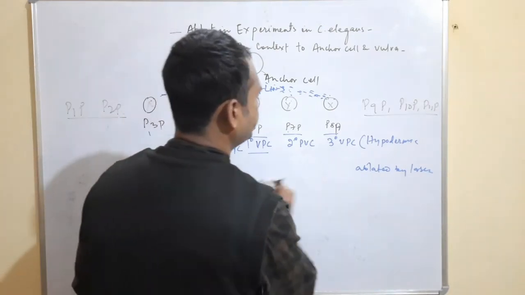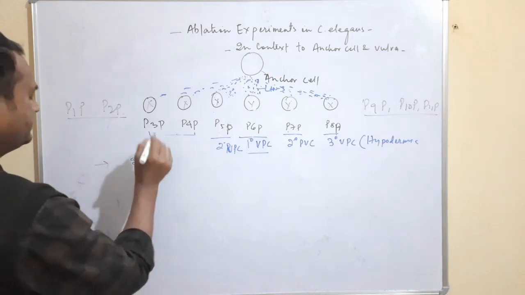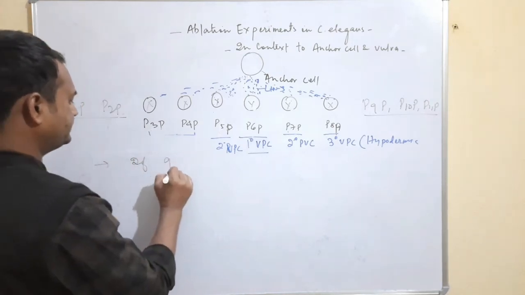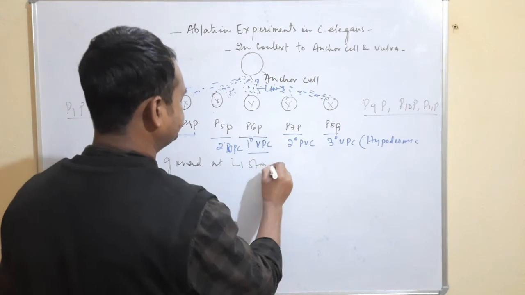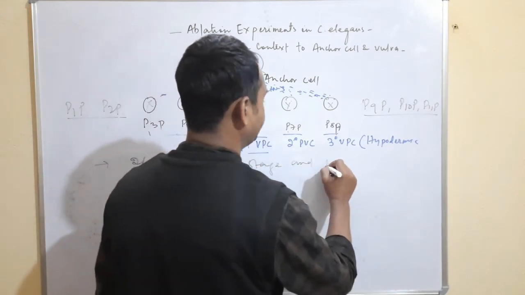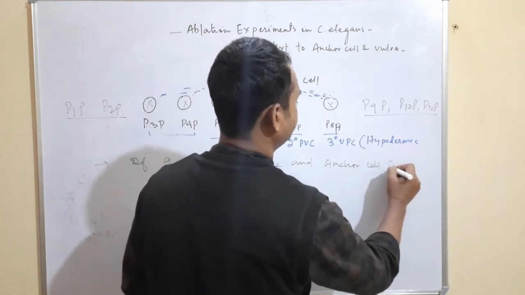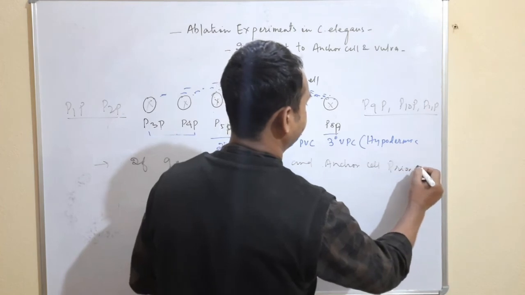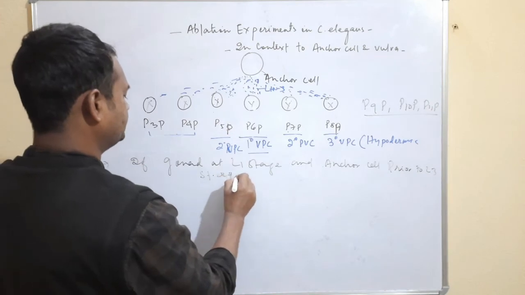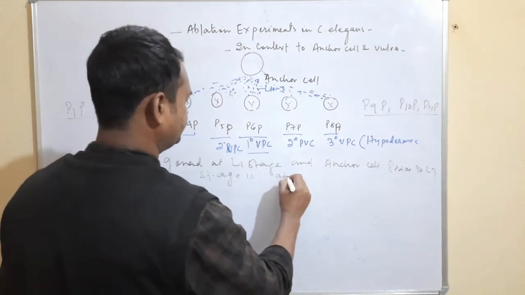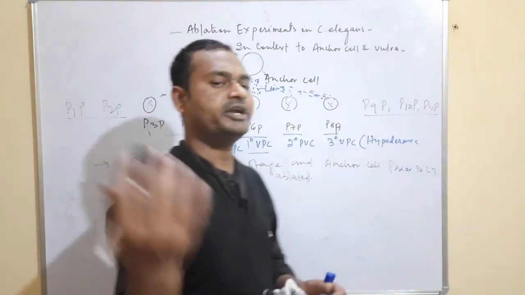In another experiment, let us understand what will happen if the gonad at the L1 stage and the anchor cell prior to L3, means before the L3 stage, are ablated.